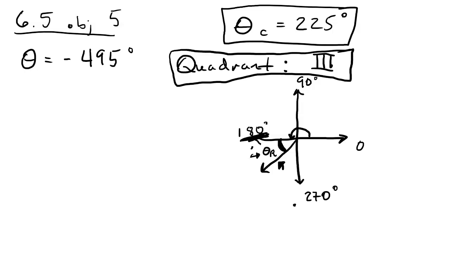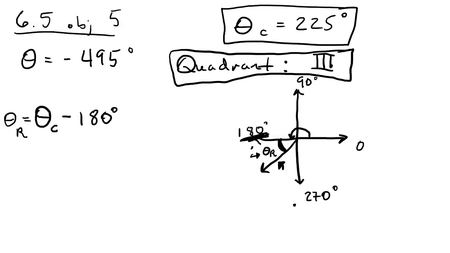And the way we solve for that for any given angle in quadrant 3 is by taking theta c and subtracting 180. So our reference angle, theta r, is going to be equal to theta c minus 180.